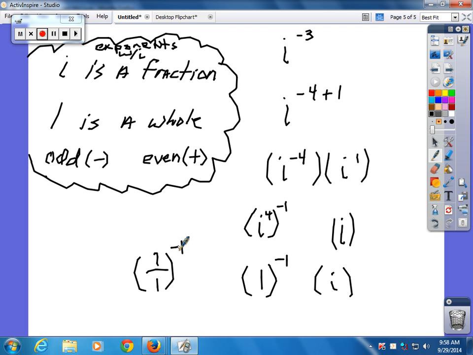And if I want to make that a positive, what do I do? Flip it. What do you get? 1 times i is equal to i. My bad. You're right. Use the power rule here, not the product rule.